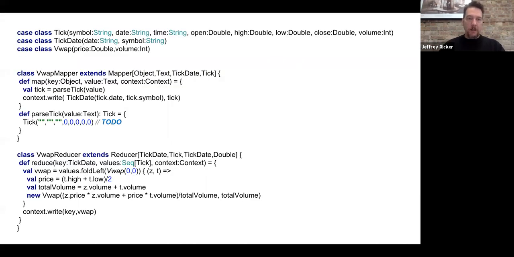So a simple MapReduce code is here. When you launch a MapReduce, you pretty much tell the framework, here's my mapper function, here's my reducer function, and here's my data source, run, right?